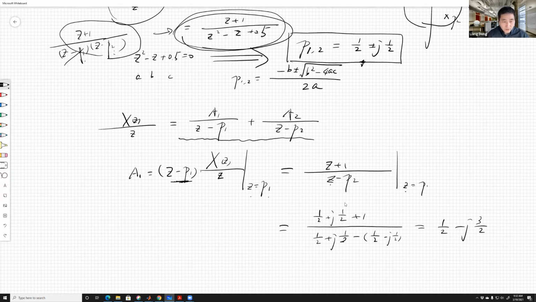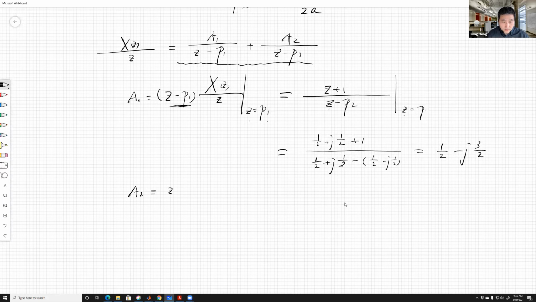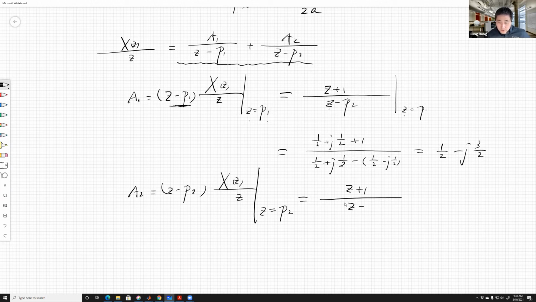Similarly, I can do the same for A2. A2 is z minus p2 times X(z) over z, evaluated at z equal to p2, right? So we have z plus 1, and we cancel out z minus p2, so there will be z minus p1, evaluated when z is equal to p2.